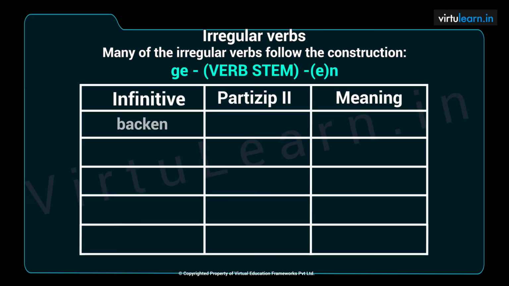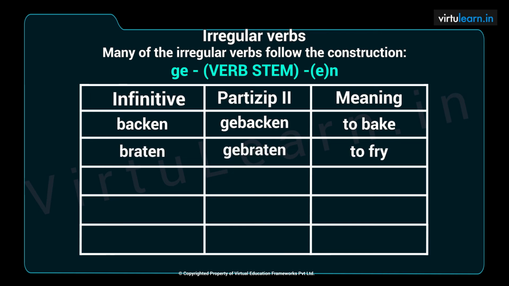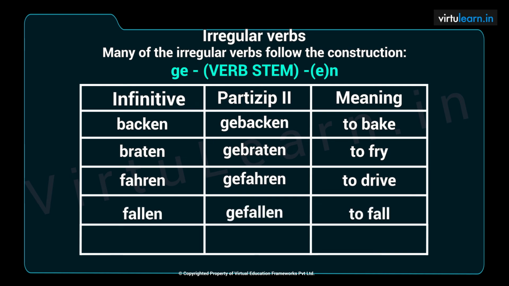Examples, backen. So GE prefix, bak, the stem, and en, gebacken. Then braten, gebraten. Fahren, gefahren. Fallen, gefallen. Fangen, gefangen.